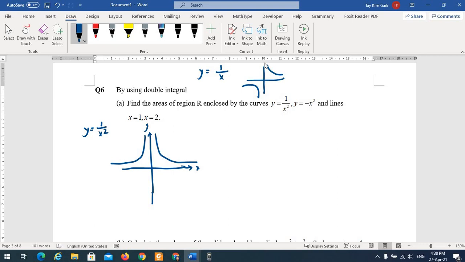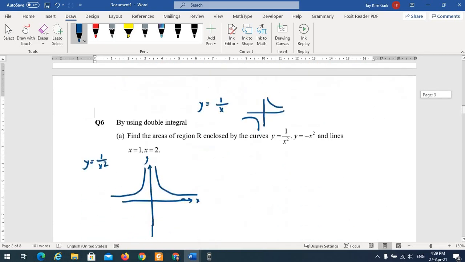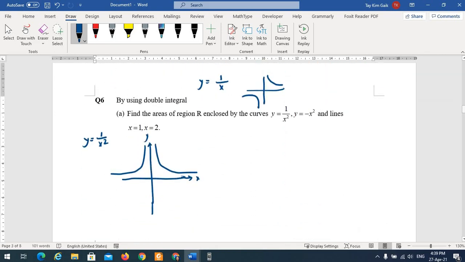And then y equal negative x squared. This is y equal positive x squared, your parabola opens up because y is positive. If y equal negative, so y is negative, your parabola will flip down. It reflects down because y is now negative. The red color is y equal negative x squared.